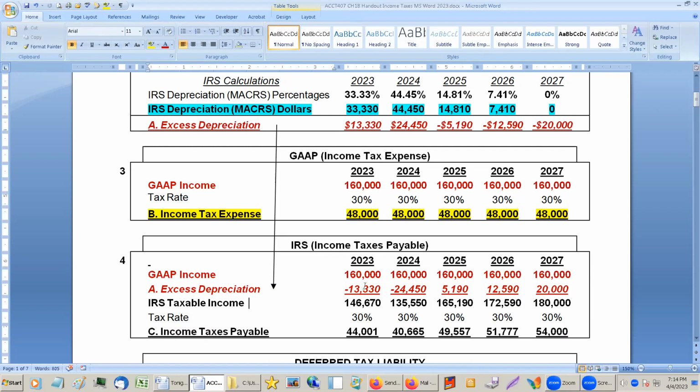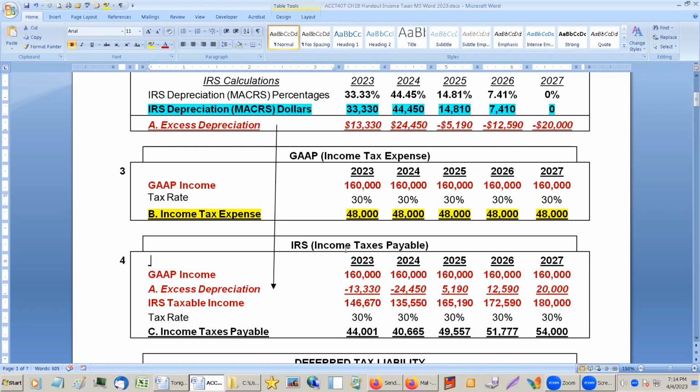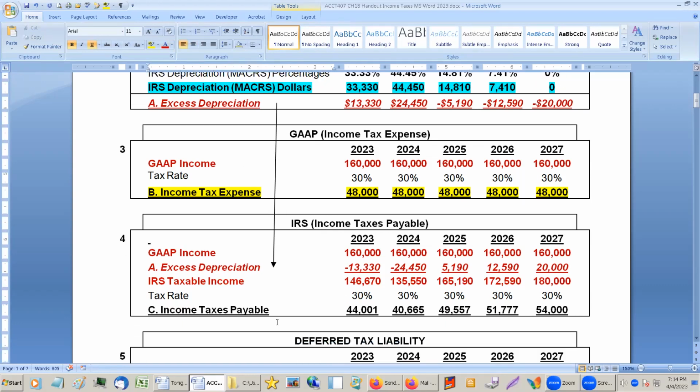So we're going to write off 13,000 more of depreciation. So our taxable income drops down, and we'll end up with income taxes payable.